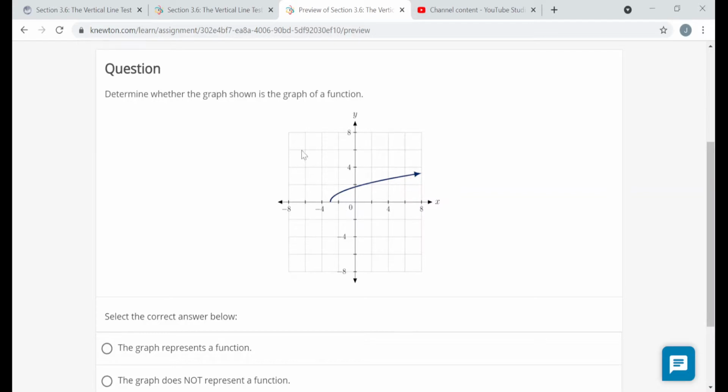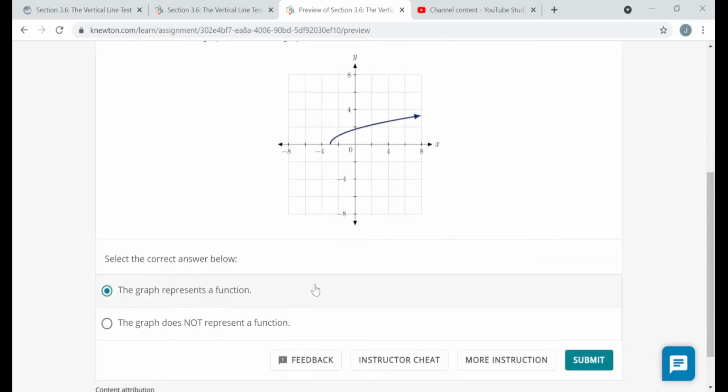Draw vertical lines. The vertical lines over here don't hit the graph. That's fine. And then any vertical line from here on out hits the graph just one time. So I can't find any vertical lines that hit the graph more than once. So yet again, this is a function.